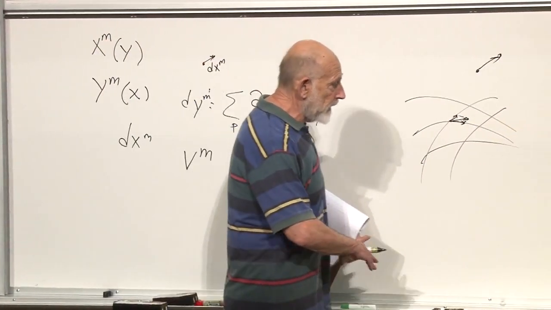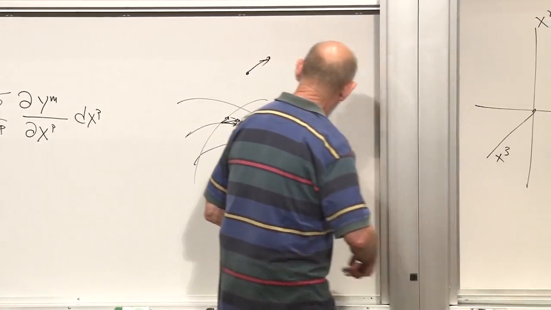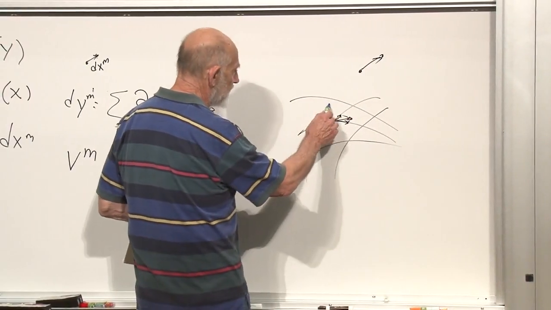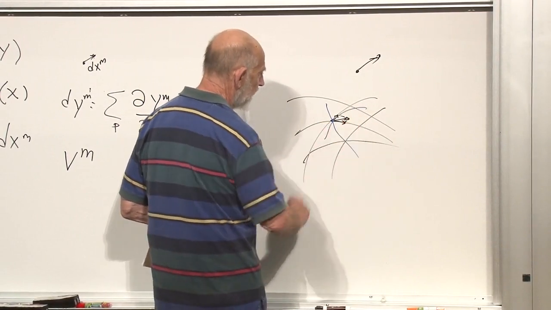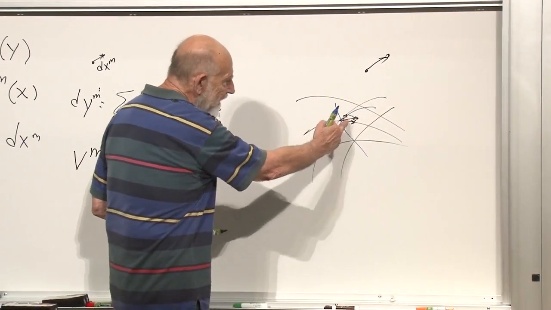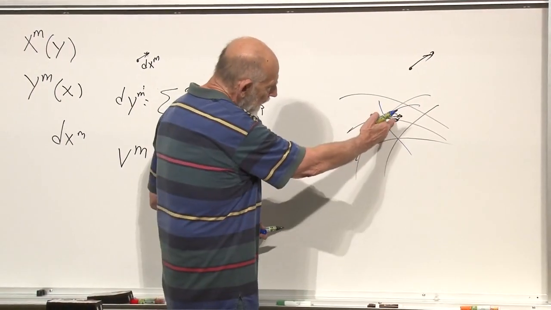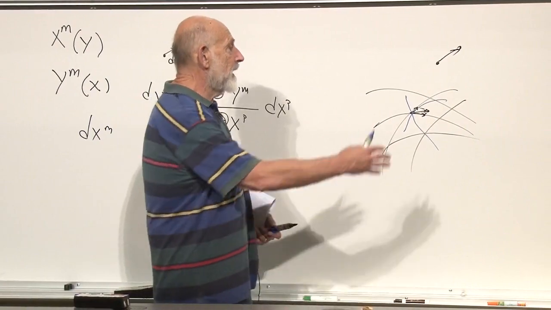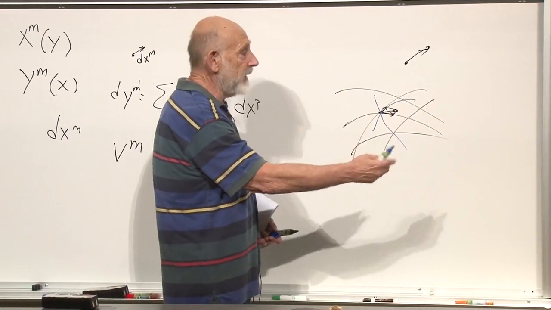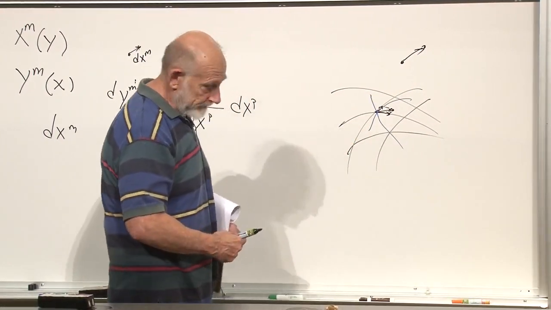If I change coordinates, at this point here, there might be some other coordinates. And the components of exactly that same vector in the new coordinates will be different. It's the same vector, but different components. Why? Just because the axes are different.